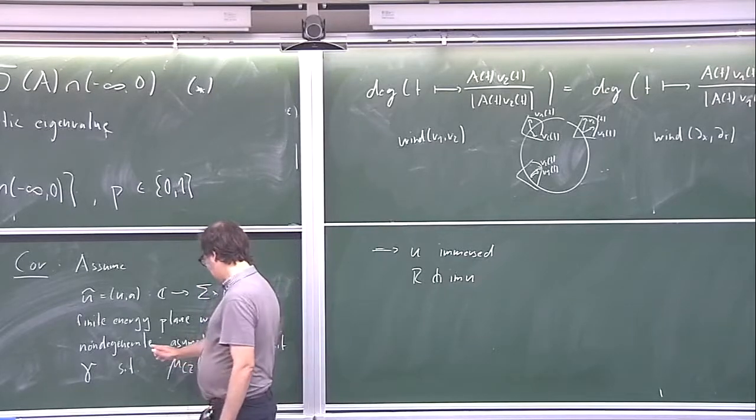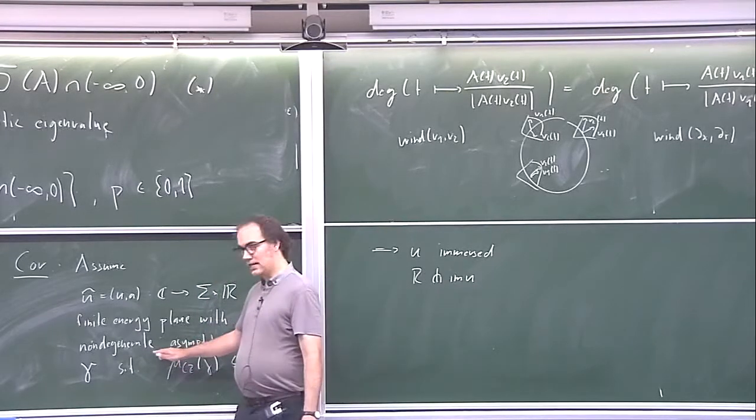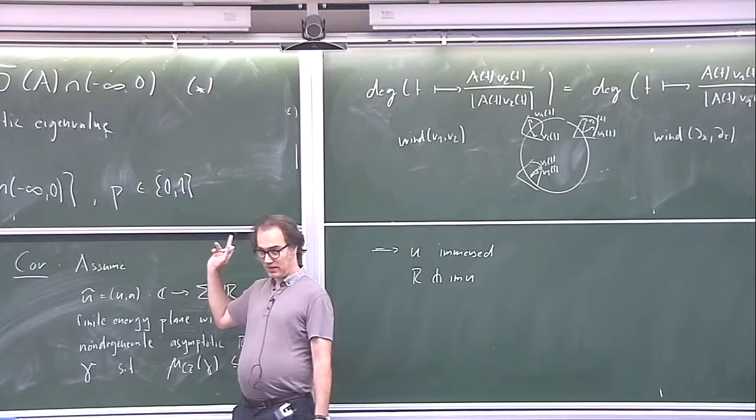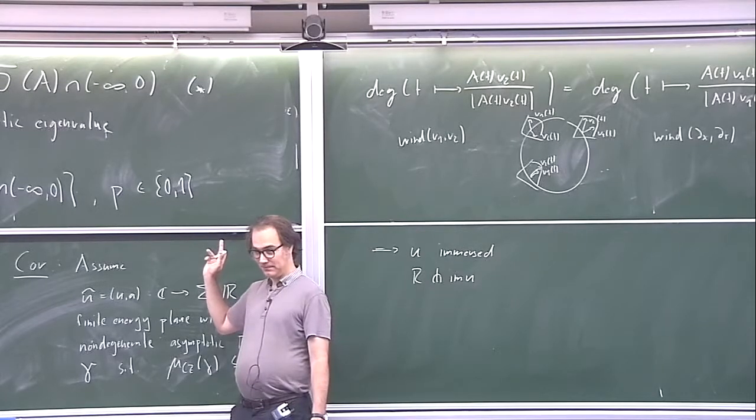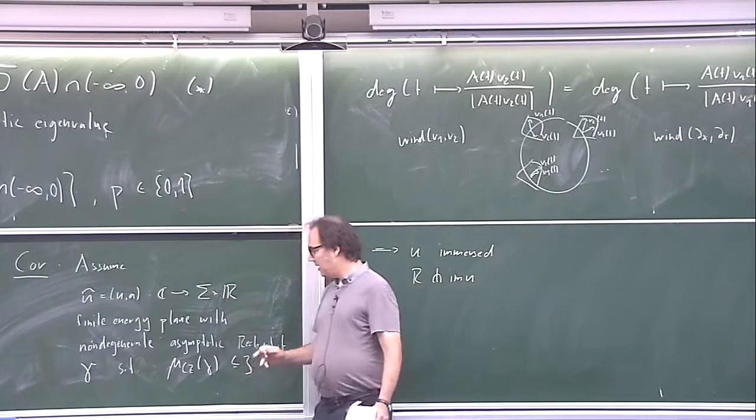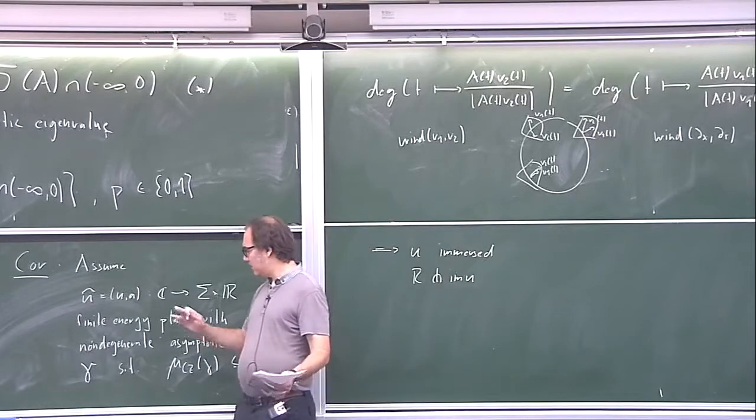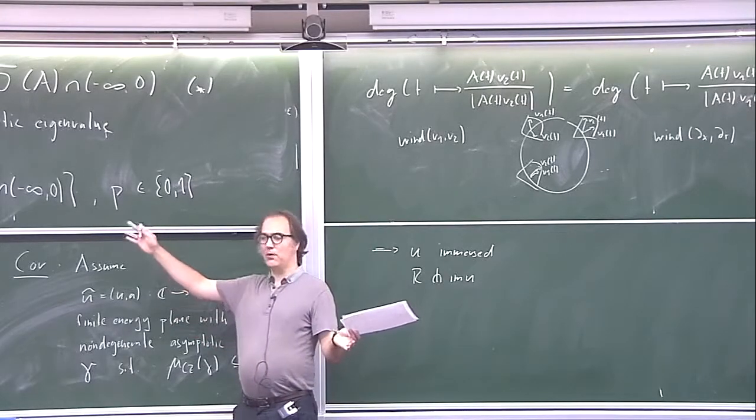Maybe as a remark, this non-degeneracy is also quite crucial for this asymptotic behavior. It should continue to hold if you have a more Morse-Bott situation.